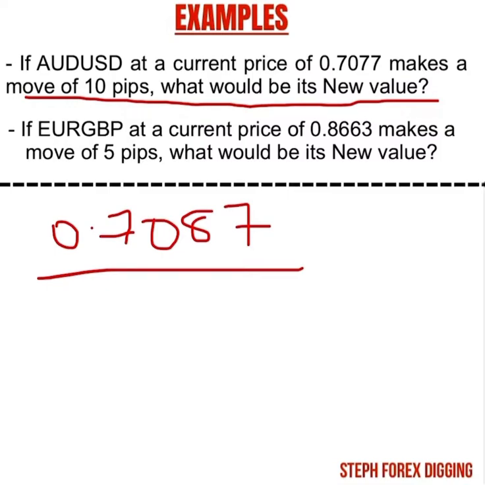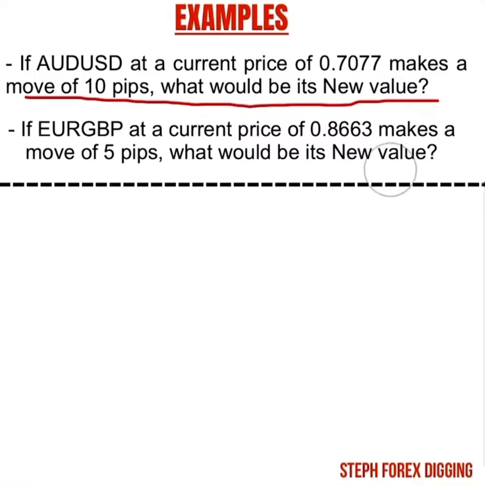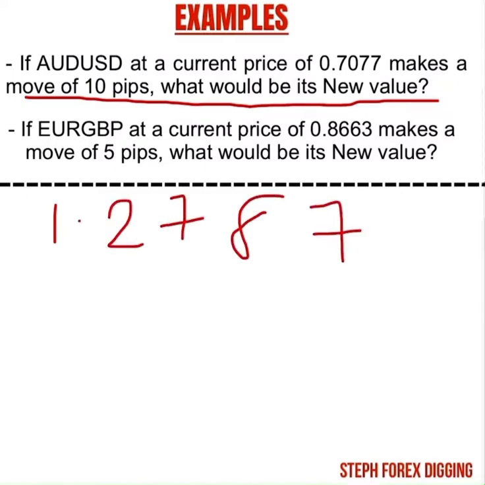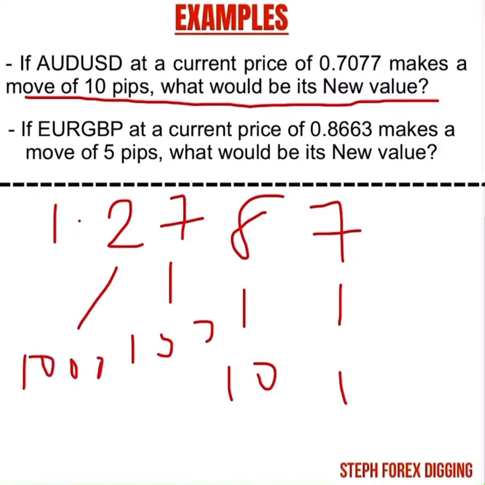Then, like I told you guys earlier, there's a short formula where you can calculate it without going through this process. Remember that chart I showed you, something like 1.2787. This represents 1 pip, this represents 10 pips, this represents 100 pips, and this represents 1000 pips.